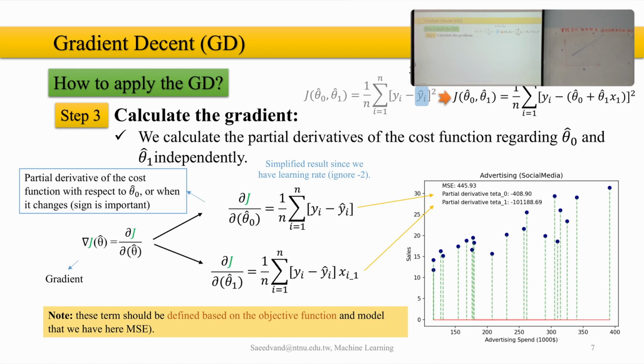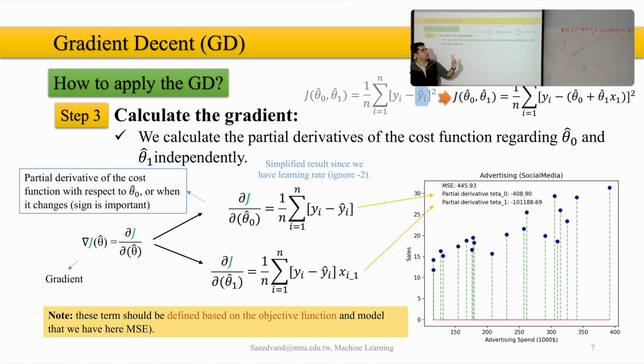So gradient, what was the gradient? The gradient was two partial derivatives. Remember? Two slides ago, I said that partial derivatives depend on variable A, variable B. So now we want to calculate it. What we do is calculate the partial derivatives of the cost function regarding theta hat 0 and theta hat 1.